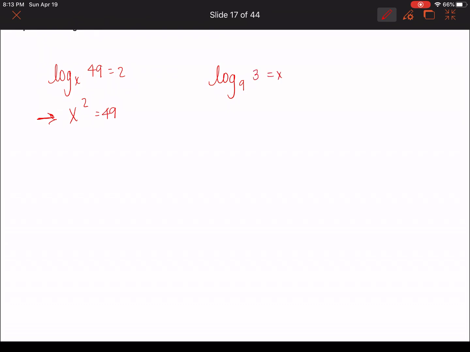So here, what is the base of the problem I just wrote? 9, right? Because we would read that log base 9. 9 is always this little number written at the bottom. Log base 9 of 3 equals x. Now here's my question to you. What does the log problem already equal? It already equals x, right? So it can't equal x.